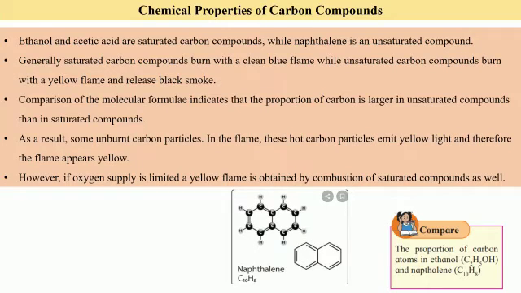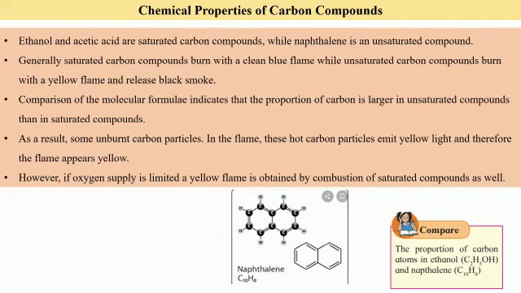So from this experiment, we come to the conclusion that unsaturated carbon compounds undergo incomplete oxidation or combustion or burning, and they give rise to black smoke, which eventually gets deposited in the form of black soot. And this is what happened in case of naphthalene also.